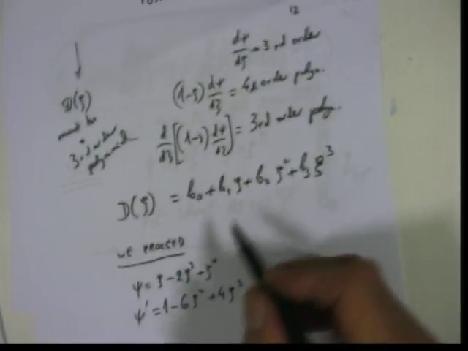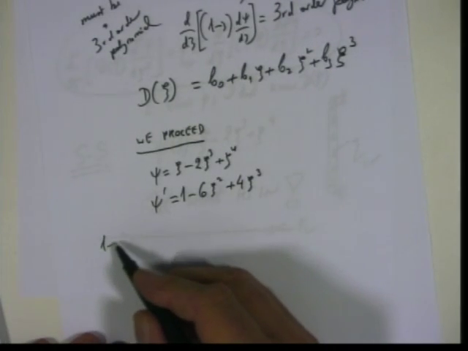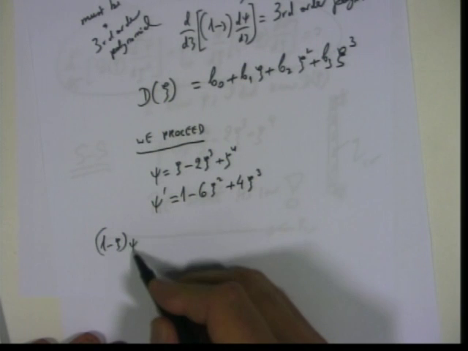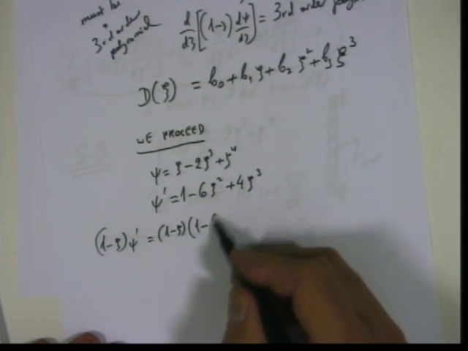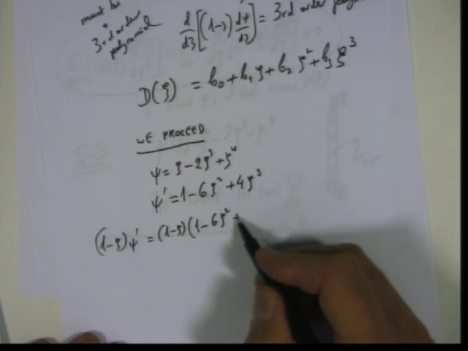So then I have 1 minus psi times psi prime, which equals 1 minus psi times 1 minus 6 psi squared plus 4 psi cubed.